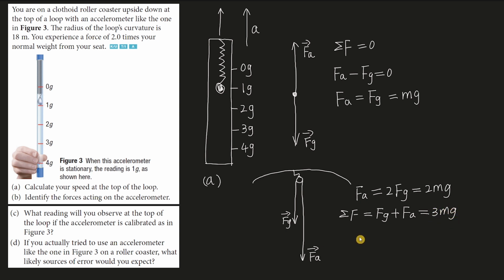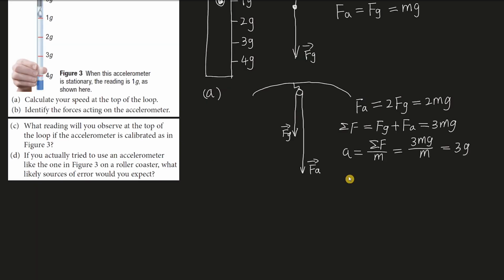3mg. The acceleration of the person is acceleration equals sigma F over m. M is the mass of the person, so equals 3mg over m equals 3g. We know that acceleration equals speed square over radius r.